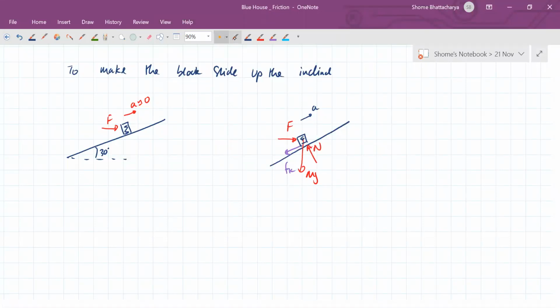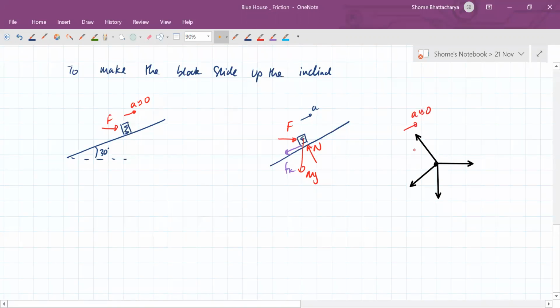Okay. So our proper free body diagram will be looking like this now. F is like this, normal reaction is like this, mg is like this, but the friction is down the inclined plane. Because the block is tending to move up, its acceleration is tending to 0, just about starting to move.